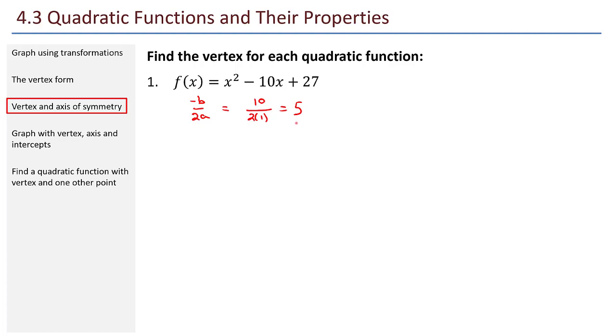So 5 is the x value for my vertex, and then the y value is f of 5. f of 5 equals 25 minus 50 plus 27, and that equals 2. So my vertex is exactly at the point (5, 2).